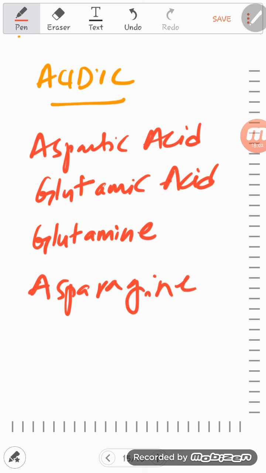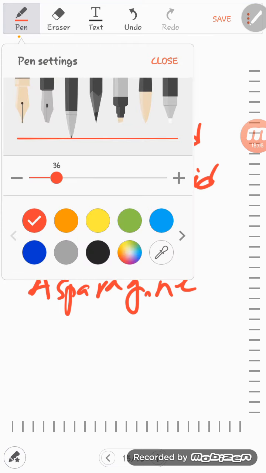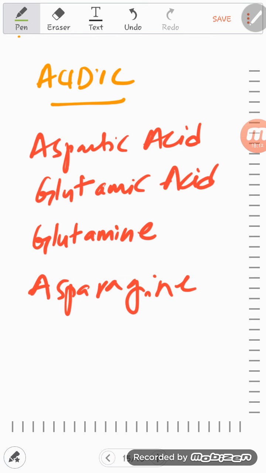Okay, so these are the four which are acidic in nature. And out of these, the most commonly asked question is, which of the following acidic amino acids is used for root age estimation? That's a repeat question. The answer is aspartic acid.